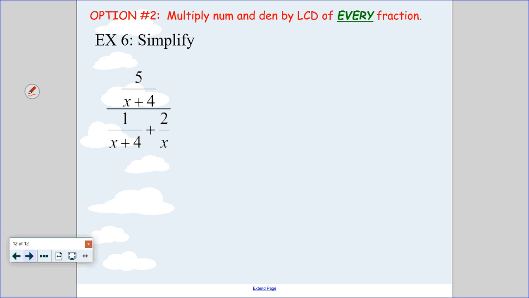We're going to find the least common denominator of each fraction in the numerator and the denominator, all of those together, and then multiply on top and bottom by that. You'll see what I mean in a second. So let's write that down.